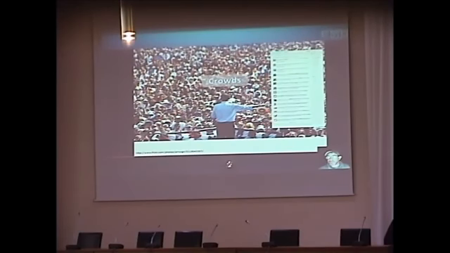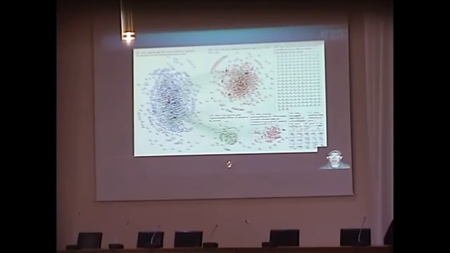This is a picture of the same crowd as a network. This is the network of people talking about Obama. And we can see that they did not line up single file the way the Twitter interface might suggest.